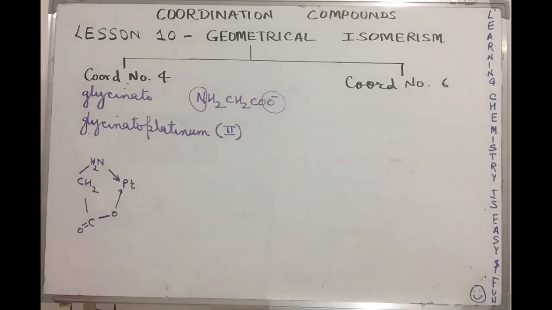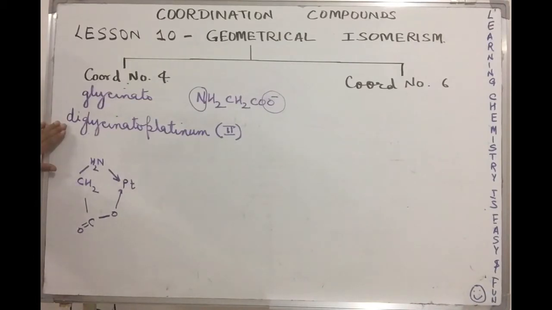So we've got to draw the geometrical isomers of this compound. What I've done over here is, I have drawn half of the molecule. It's still not complete because we've put only 1 set of the ligands, right? It's actually diglycinato.